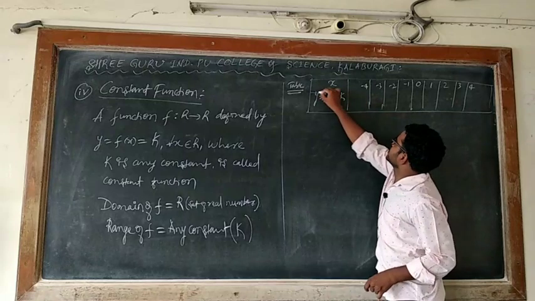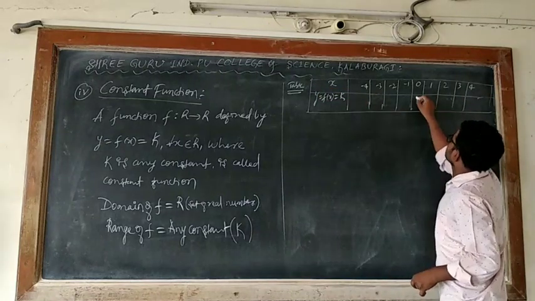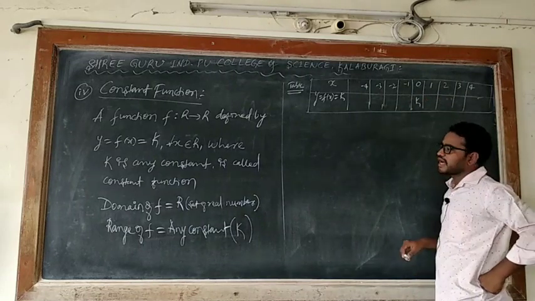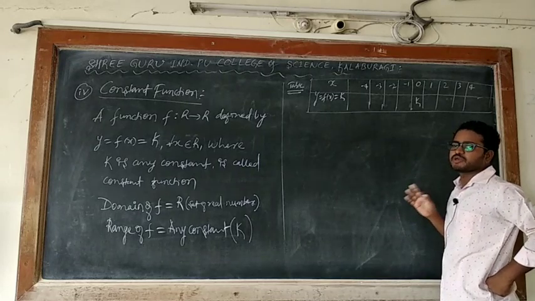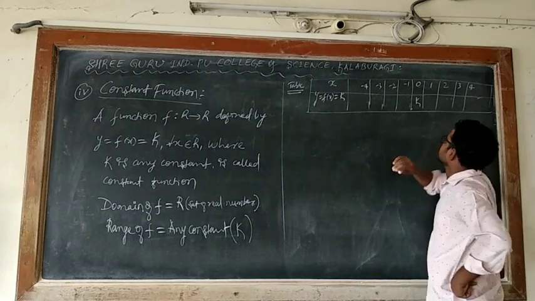When x is 0, y is what? Y is k. K is nothing but a constant. If x is 1, k is constant, which means it does not change. You can change x, but y does not change. Y is always k. That constant is fixed.